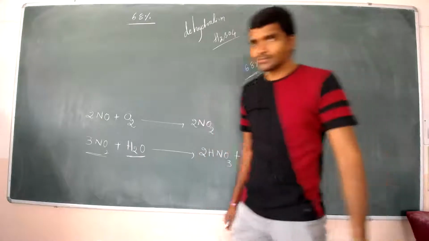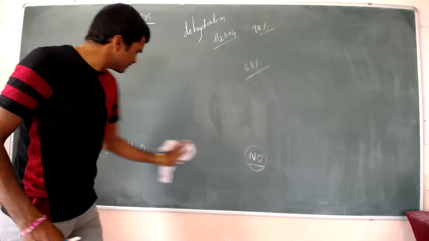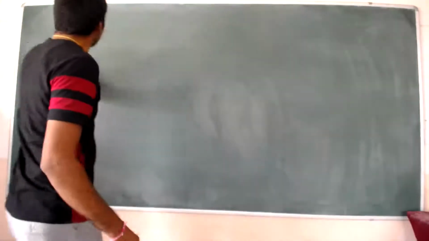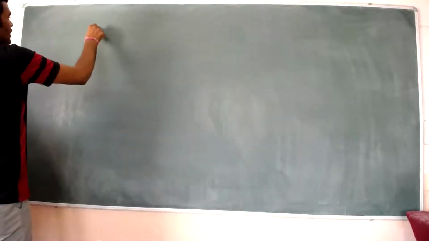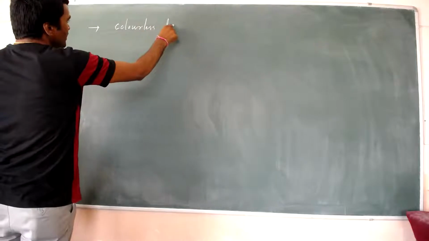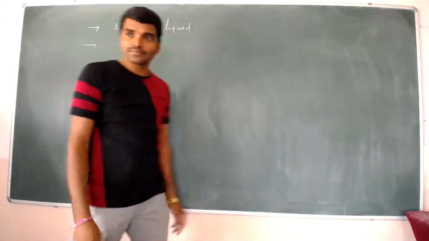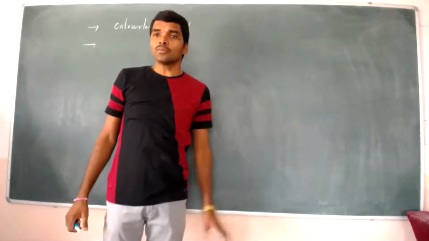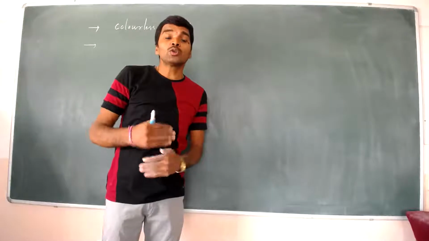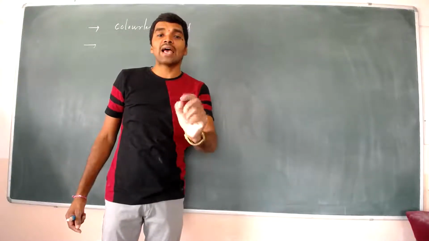Nitric acid is a colorless liquid, which is readily soluble in water, and it forms the hydronium ion. This confirms that it is a very powerful acid.